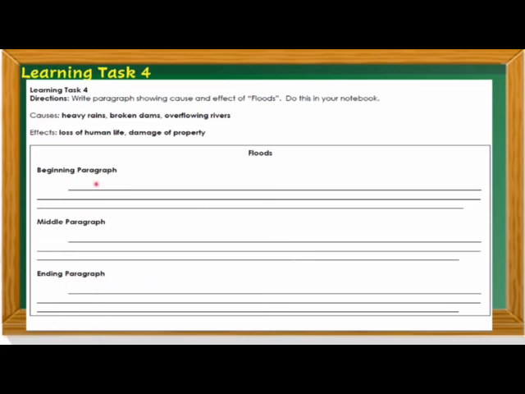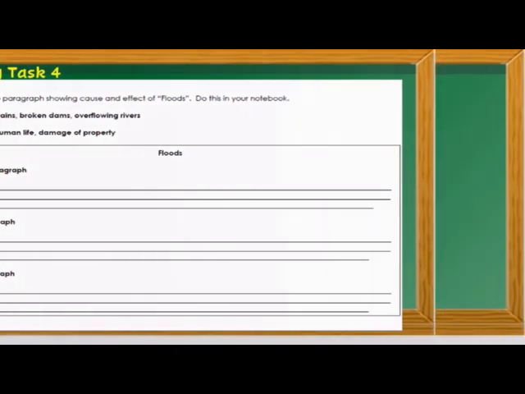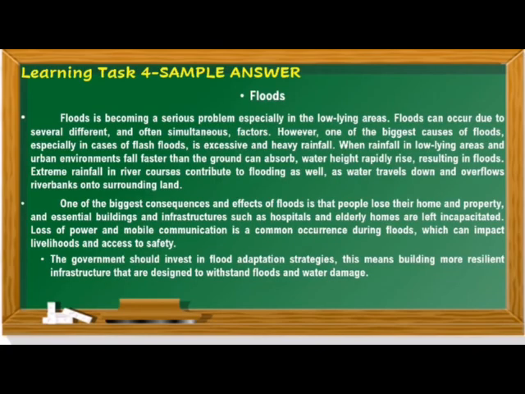I think it must be sentence. For the sample answer for learning task number 4, I have written here 3 parts: the first paragraph, second paragraph, and the third or conclusion part. You may just pause the video so that you can read it carefully.